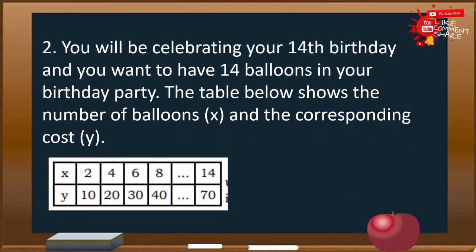Another example, you will be celebrating your 14th birthday, and you want to have 14 balloons in your birthday party. The table below shows the number of balloons, x, and the corresponding cost represented as y.